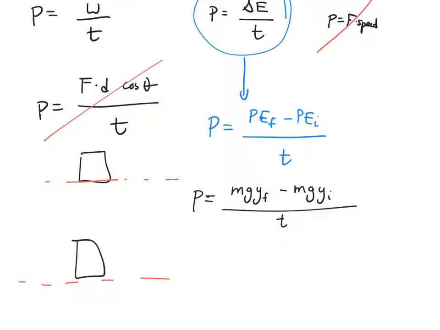But for all of these problems, if I give numbers for both, I have to use this part of the equation, right? But if I call ground level, if I call this instead 0 meters, remember we talked about potential energy reference line? This would be a height of 100 meters, and this would be an initial height of 0 meters.